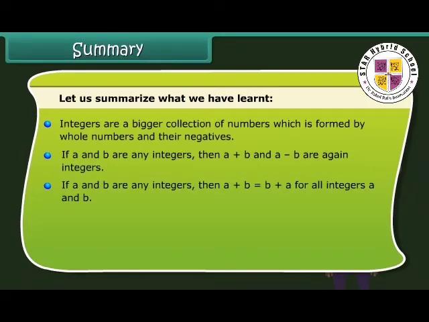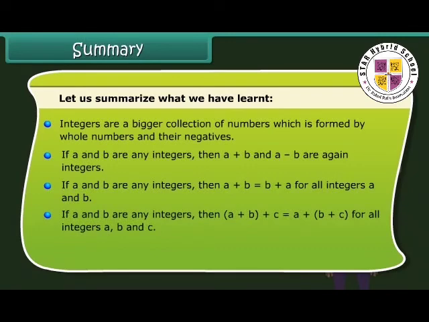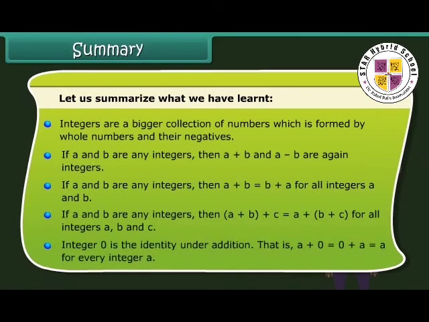If a, b, and c are any integers, then (a plus b) plus c is equal to a plus (b plus c). Integer 0 is the identity under addition. That is, a plus 0 is equal to 0 plus a, which equals a for any integer a.